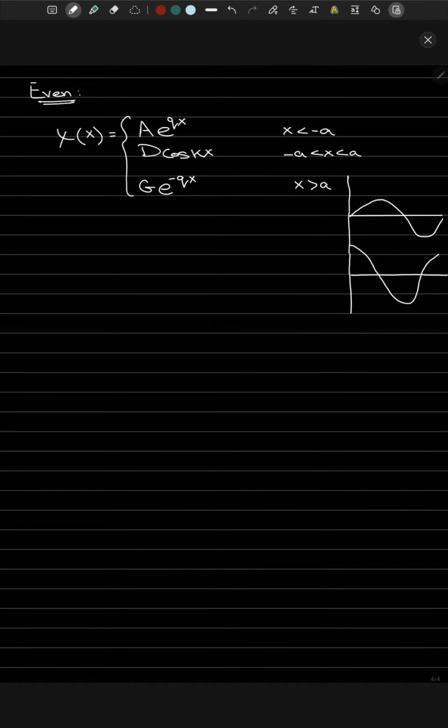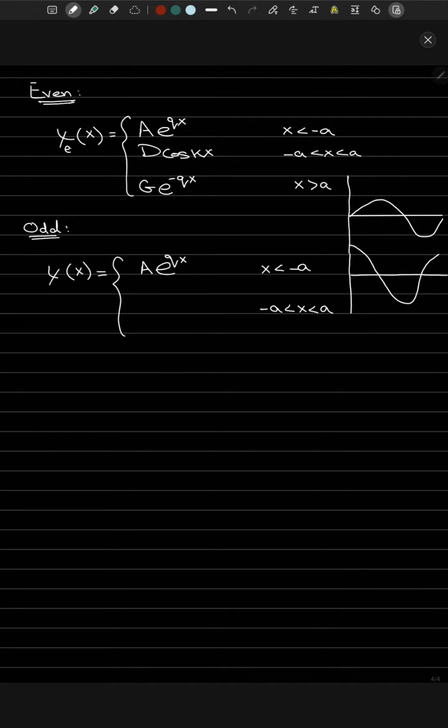Wonderful. Now, in a similar manner, you can also write down the odd part, where everything remains the same except for the part that is inside the well. So again for x less than minus a, you'd have A e to the power qx. And for the region in between, that is minus a less than x less than a, the odd wave function becomes the sine function.